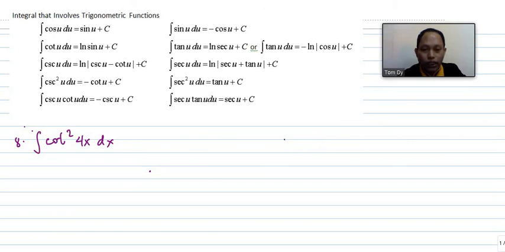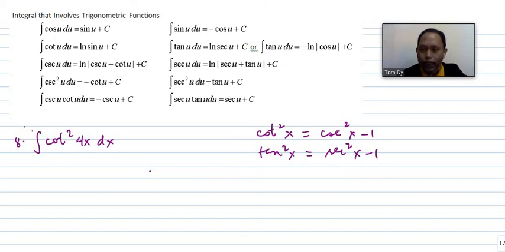Take note that cotangent squared x equals cosecant squared x minus 1. Also, tangent squared x is equivalent to secant squared x minus 1. These are just some of the identities that we have to recall.